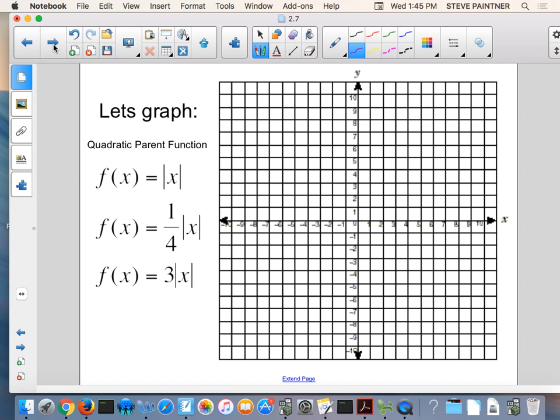Don't need our calculators on this one either because these are what family? Go ahead, graph this one. Now, if you think you're okay with this, go ahead, try the 1/4 and then try the 3. I'll catch up with you.